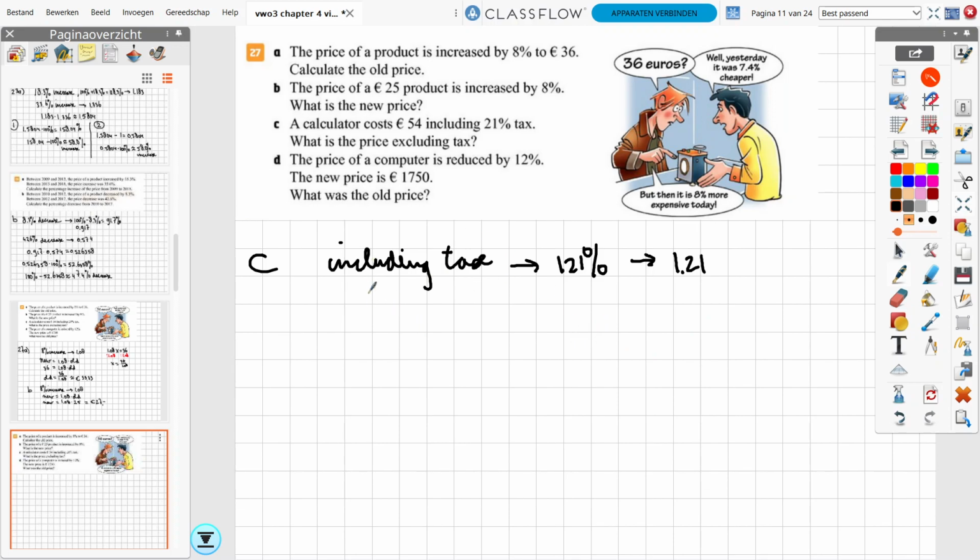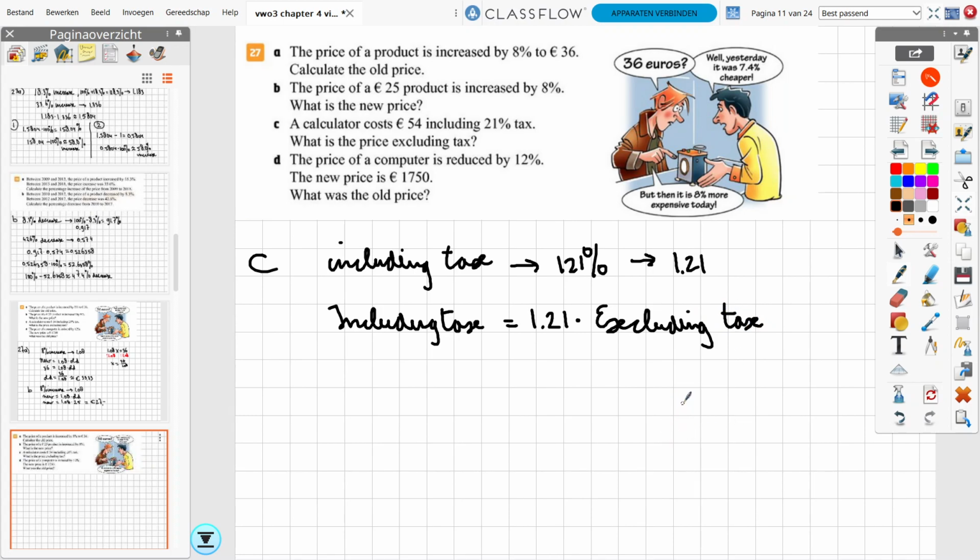Now you can still work with old and new here. It's a bit weird maybe because we don't really have an old and a new, but you can rewrite that formula to say that the price including tax is the same as 1.21 times the price excluding tax.